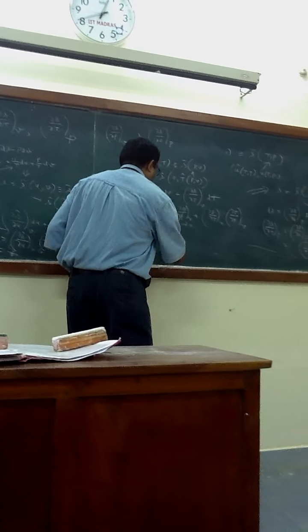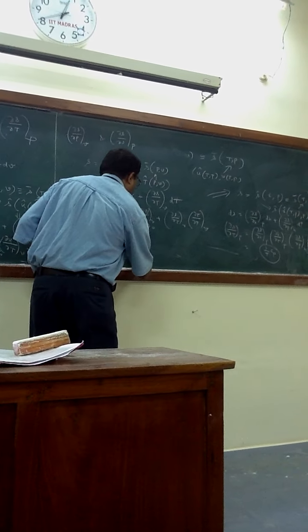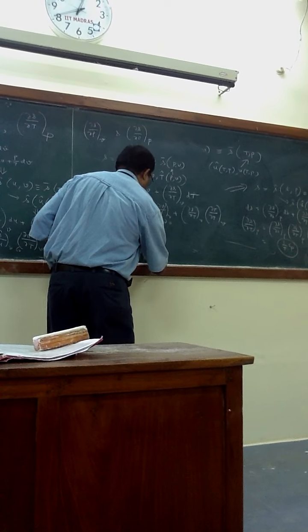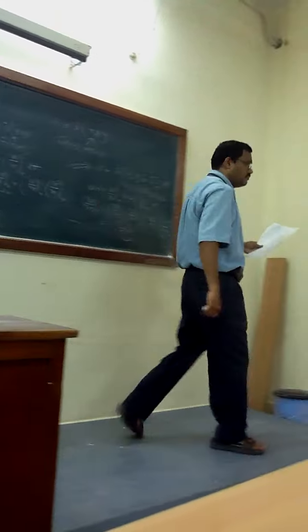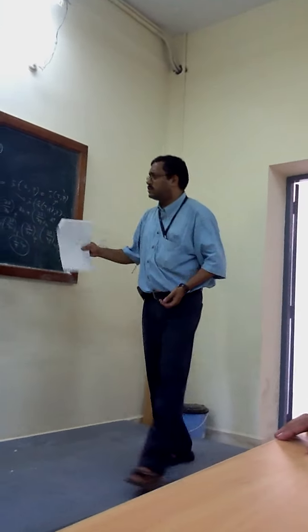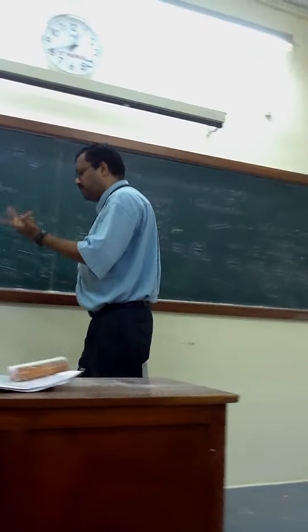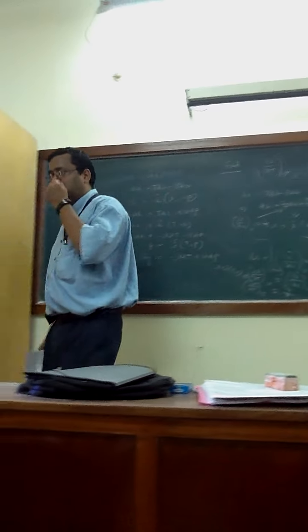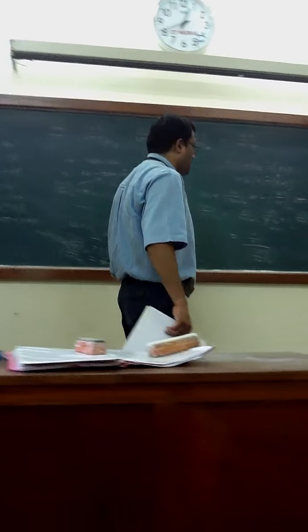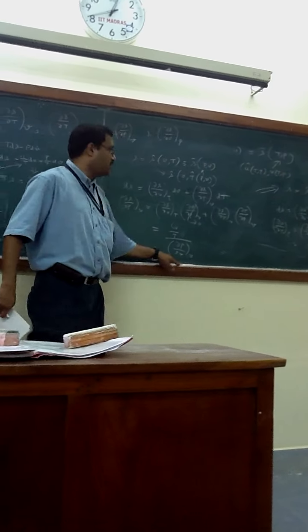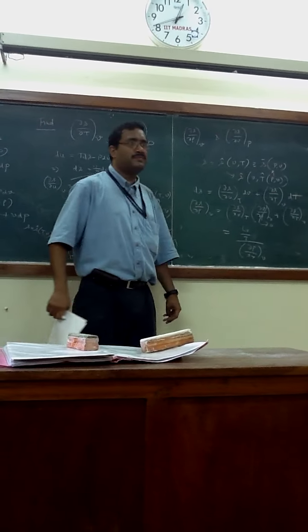Or we can directly write this as ∂P/∂T at constant V. Can you do that? That also is possible. There are two rules in the implicit function theorem. The second rule I am applying is the reciprocal derivative. So ∂P/∂T at constant V, okay?